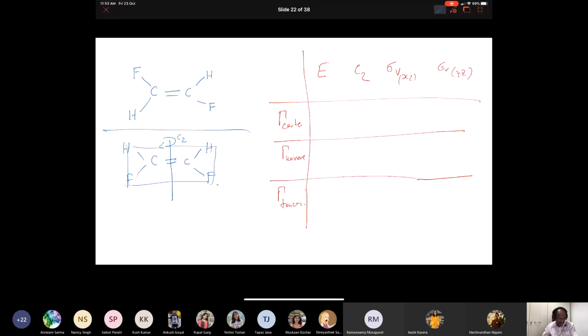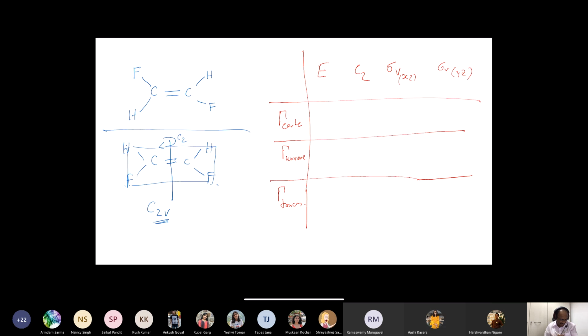Are there additional symmetry elements? No, there are not. There's no mirror here, and there's no additional C2. I think it's okay.